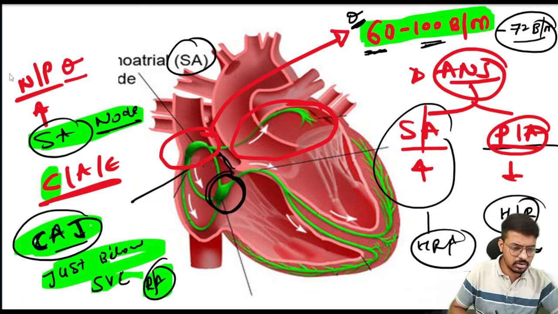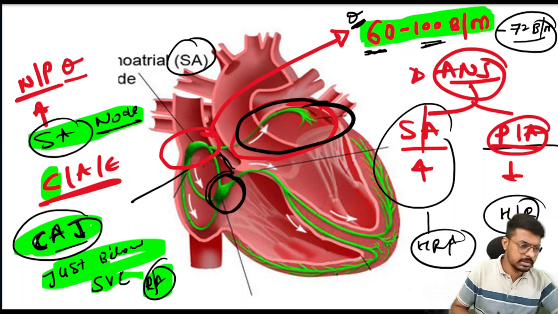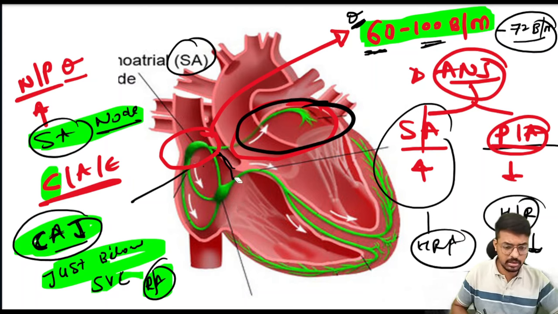If the examiner asks the question, 'The left atrium is supplied by SA node or AV node?', you will get confused. So I am clearing that: the left atrium is also completely supplied by our SA node only.